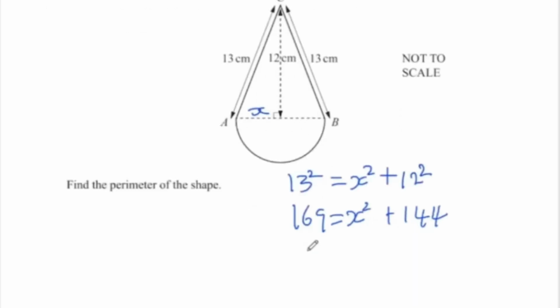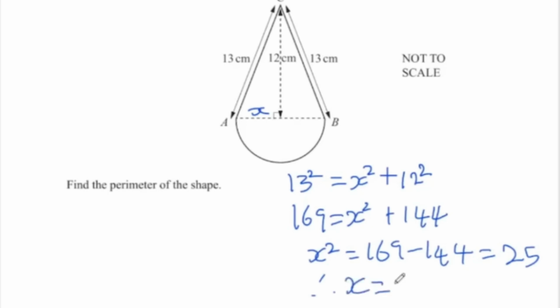So x squared is equal to 169 minus 144, which is equal to 25. So we take the square root of both sides. So x is equal to the square root of 25, which is equal to 5 centimeter. So the radius of this semicircle is 5.